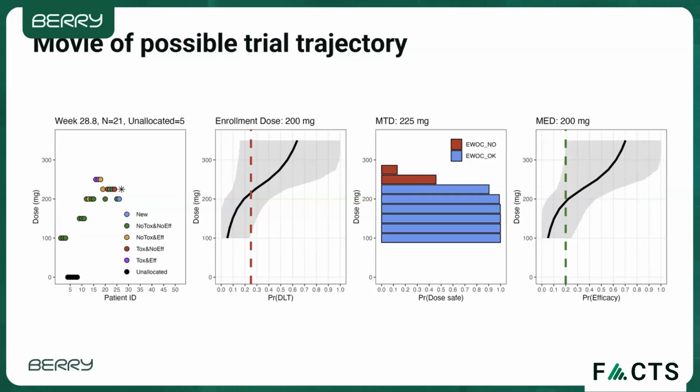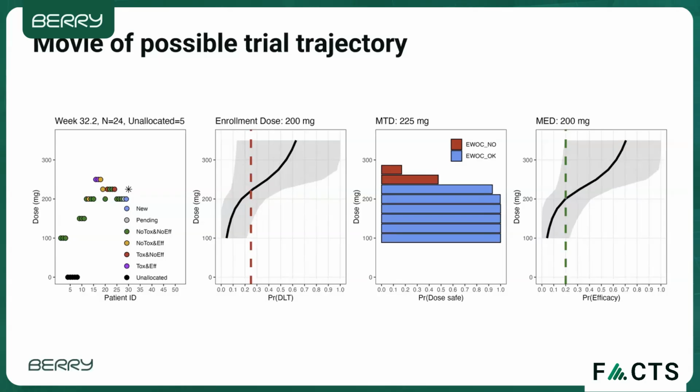And now you will see something interesting. The star that represents the current MTD estimate is still at 225 milligrams, but we've started assigning patients at 200 milligrams. So all the patients we're now assigning are at 200 milligrams, even though we think the current MTD is 225 milligrams.